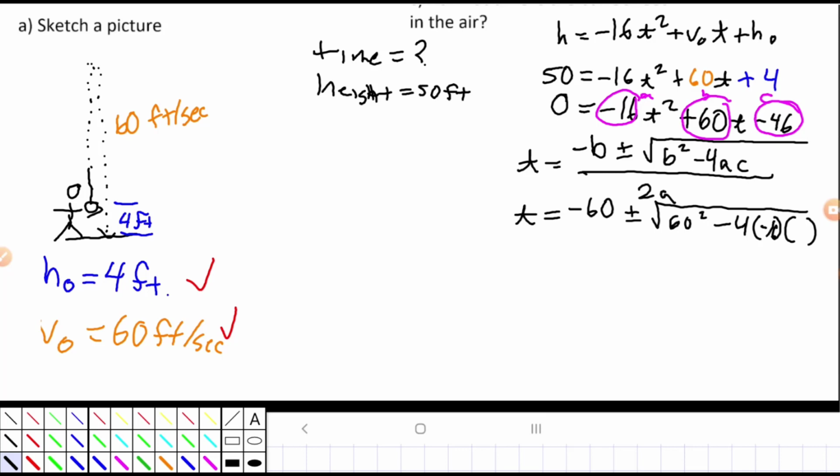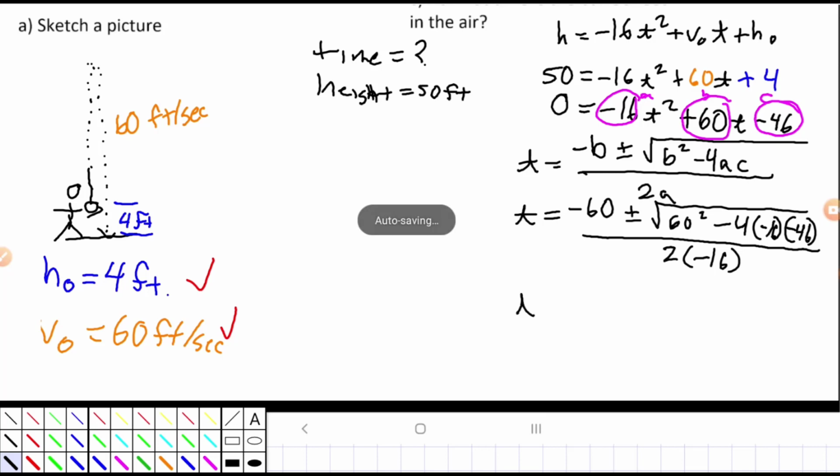And C in this problem is negative 46. Perfect. All of this divided by 2 times A. So we're going to divide by 2 times A. Again, look, these numbers are large. So again, I like this formula, especially when I'm doing this kind of work right here.